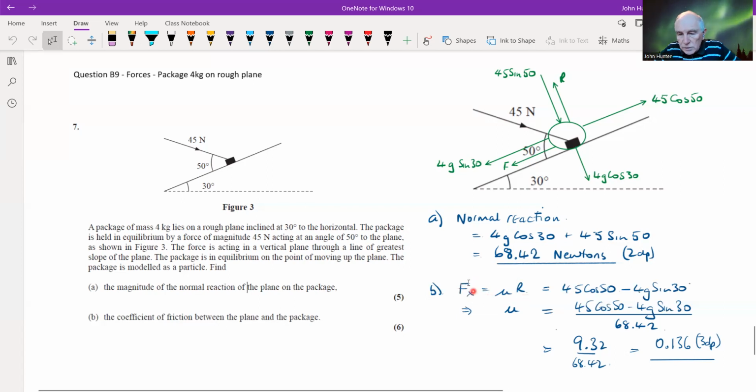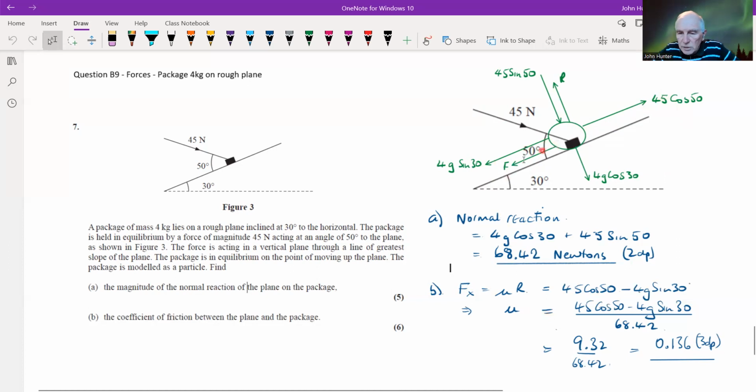Now we know what this is because the net force along the plane is 0. So in other words, this force is equal to this force minus this force, and that's what we've got here. Put another way, this force plus this force equals that force, if you like.